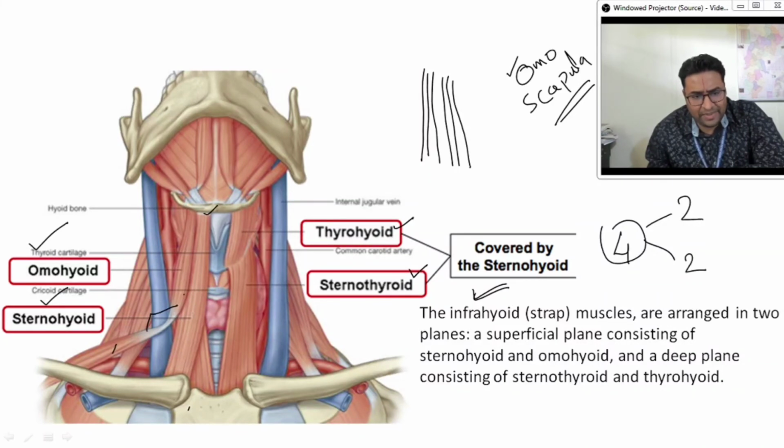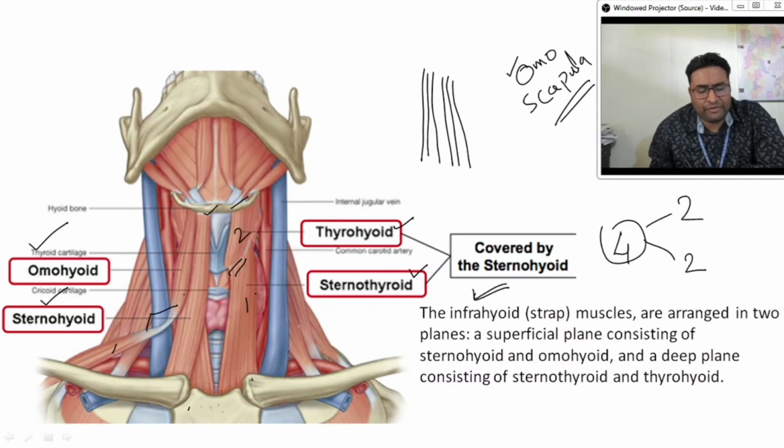Their names tell the attachments: the first is from the sternum to the thyroid, and then from the thyroid to the hyoid. These are the first and second muscles present underneath the sternohyoid, and the fourth one is omohyoid. So these are the four infrahyoid group of muscles.